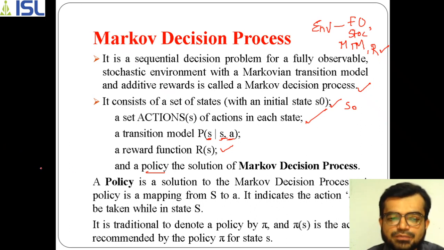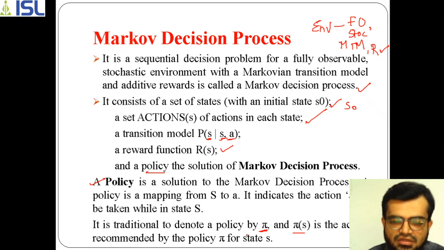That's why the policy has to be defined in the Markov decision process, because this is actually your solution. This policy will be denoted by pi, and pi of S is the action recommended by policy pi for a state S.